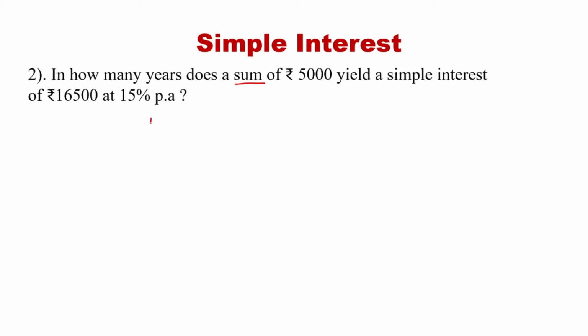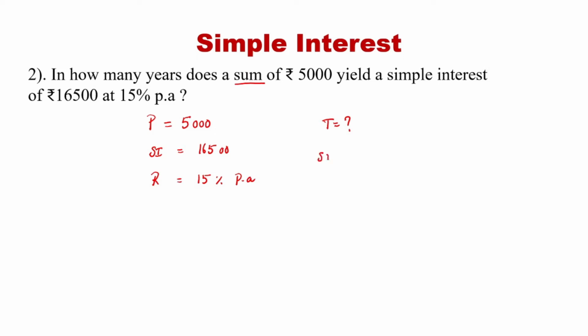So here principal P is equal to 5,000 rupees, and simple interest SI equal to 16,500 rupees. Rate of interest R equal to 15 percentage per annum. Now we have to find out the time period in years. T equal to what?